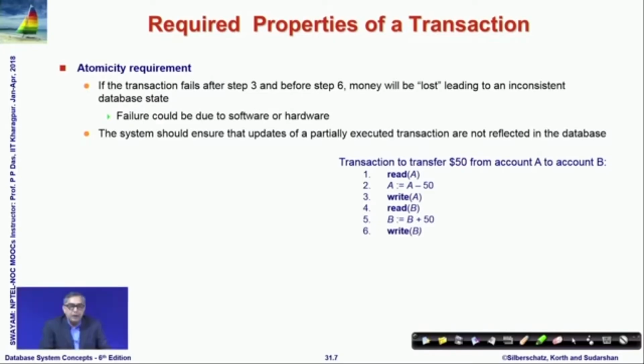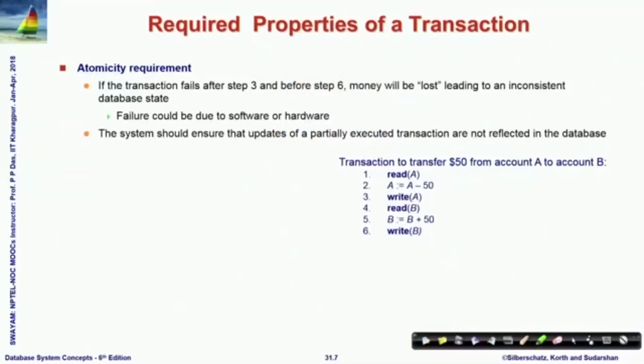Already the account A has been debited by $50 and account B has not yet been credited with that $50. So, simply at this point if the system failure happens, then simply $50 will disappear from the system, it will not exist.